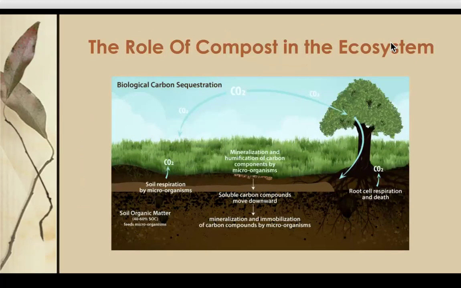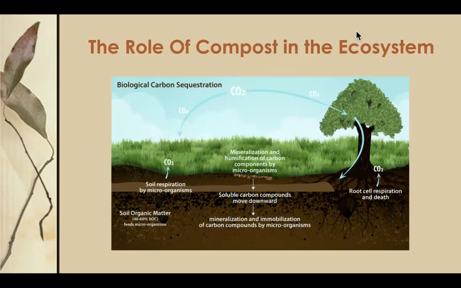Okay, so the role of compost in the ecosystem. We've all heard all these claims about why we want to use compost. And compost right now is being championed as a key mitigator for the effects of climate change. And that is because of the ability of compost to enhance what the soil already does, which is store carbon.